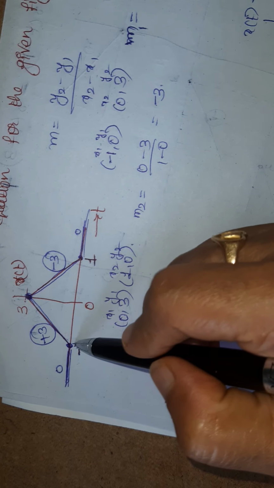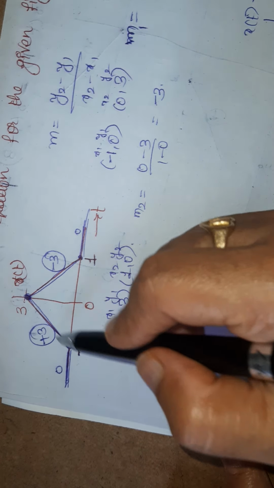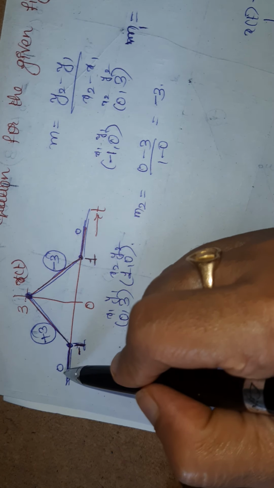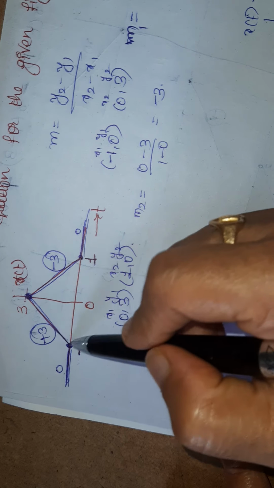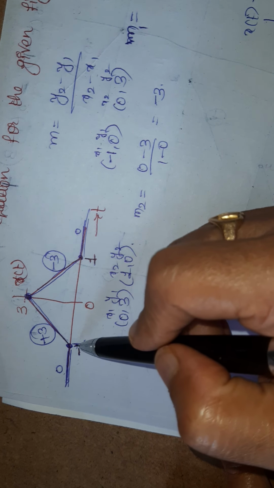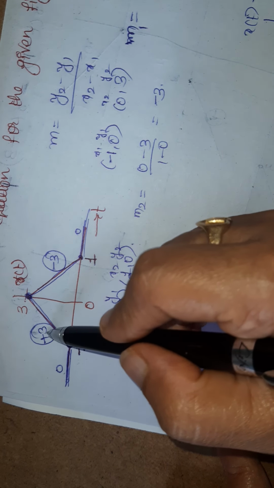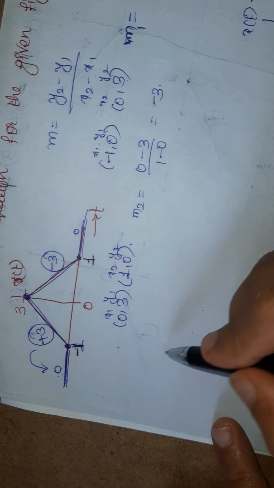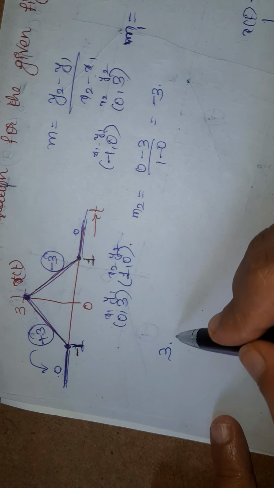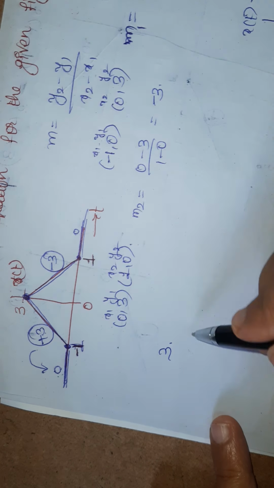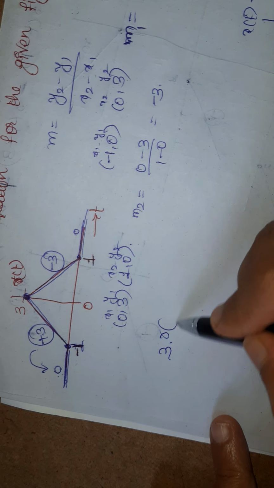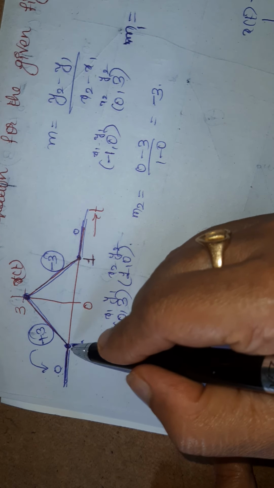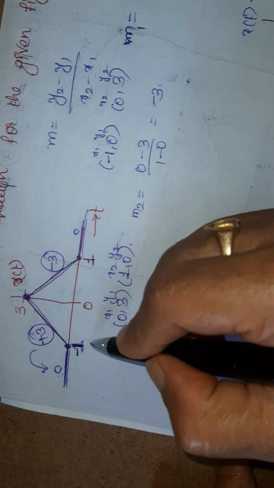It is existing at minus 1 and it is a ramp signal because the slope is getting changed from 0 to 3 at a point minus 1. So this slope minus this slope, 3 minus 0, 3 into ramp signal r of t, but we are writing at minus 1. This is advanced version and advances by 1 unit.